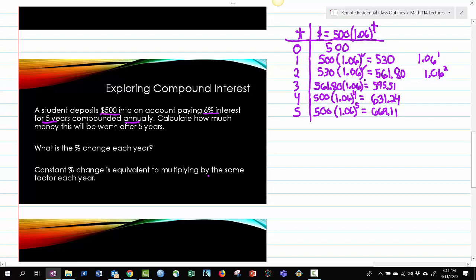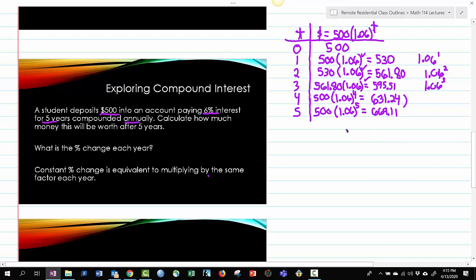Then in year 3, I've multiplied by 1.06 again, so now 3. In these last 2 years, I just wrote it as a power: 500 times 1.06 to the 4th gets me 631.24, the same thing as taking what I had in year 3 and multiplying by 1.06. And then in year 5, 1.06 to the 5th.